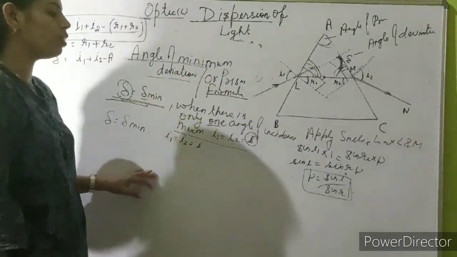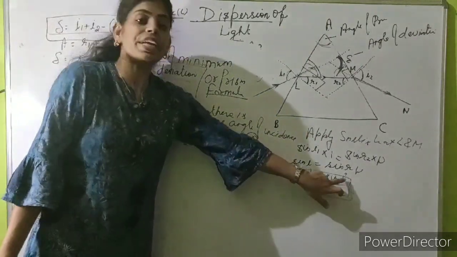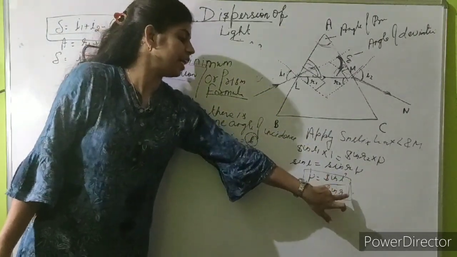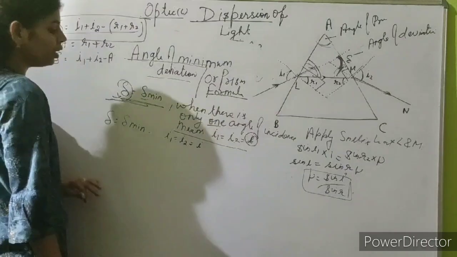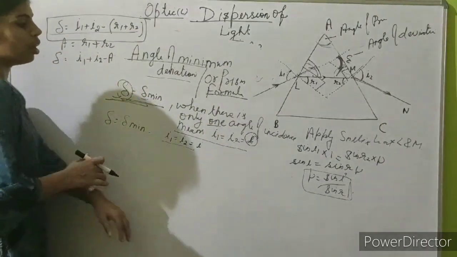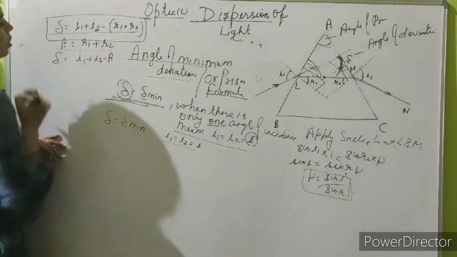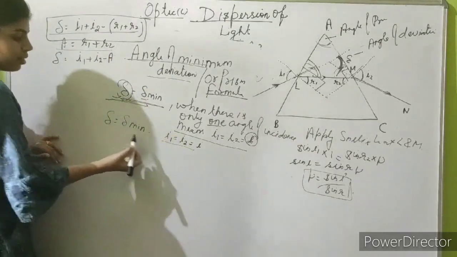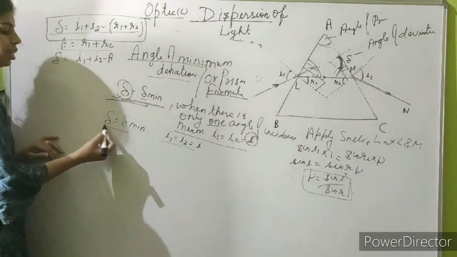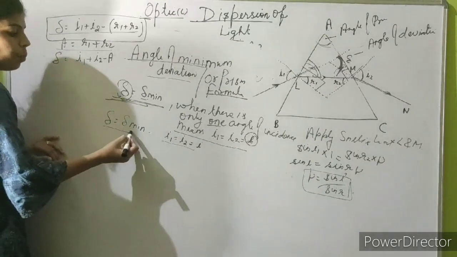Now I hope you have understood. We need to find out the value of I and R now. Okay, I and R को how can we find out? See, from here, as for the minimum deviation, delta is equal to delta minimum.